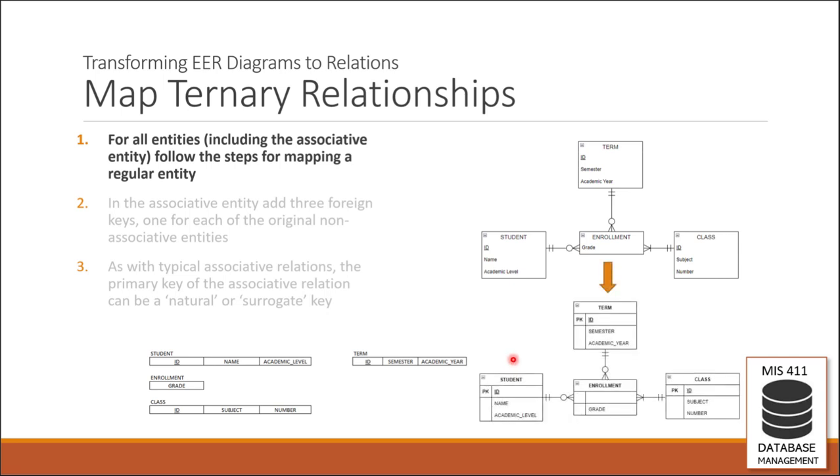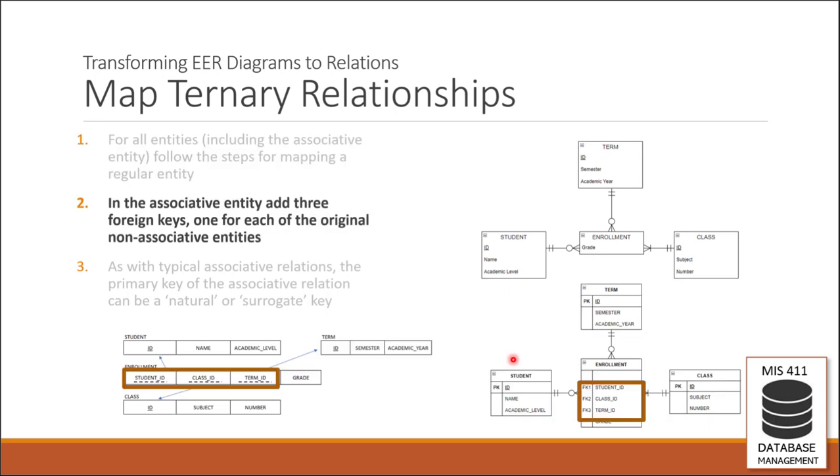So, as is our custom, the first thing we're going to do is take the entities on the table and convert them into relations, right? So we've taken the term, student, enrollment, and class entities, and now we have term, student, enrollment, and class relations. As usual, we're bringing the identifiers down as primary keys, and as usual for an associative entity relationship at least, you see that enrollment doesn't have a primary key defined just yet.